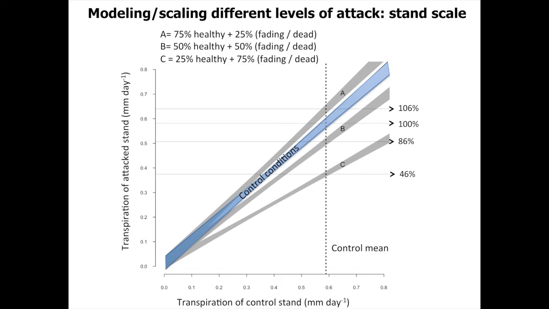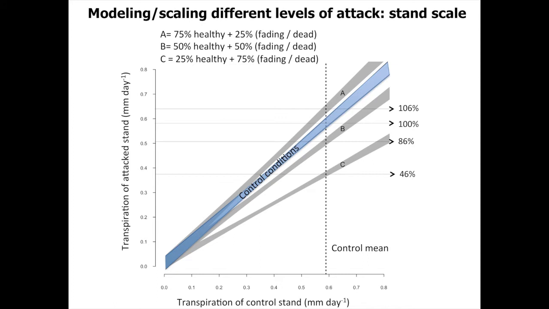But as you can see, you really have to understand the composition of your forest in terms of this proportion, and you will have a different transpiration response. With 75% healthy trees, this is just a hypothetical scenario, but you will have an increase in transpiration of 6%. And by having 50% of your trees affected, you will have only a 14% decrease in transpiration from control conditions, meaning only 86% of control transpiration.